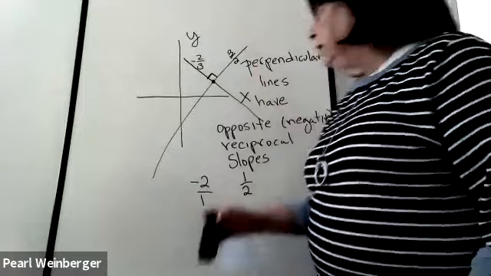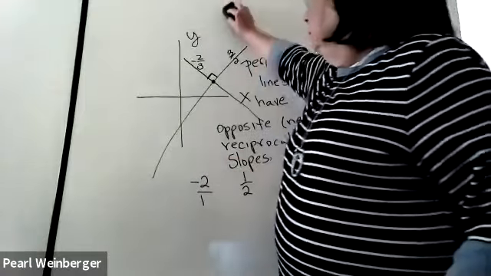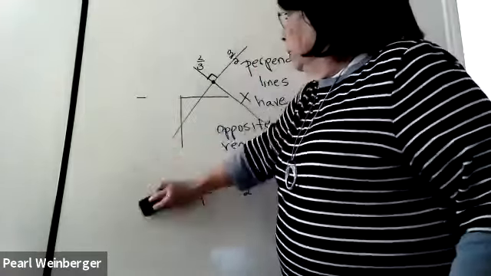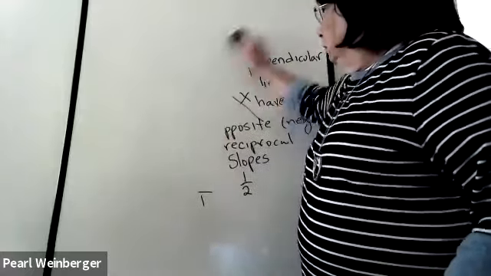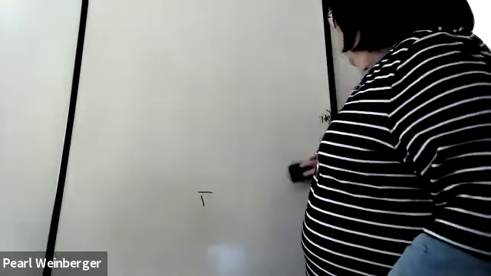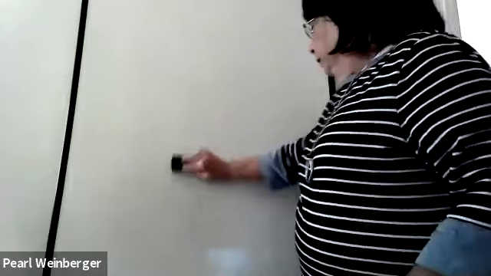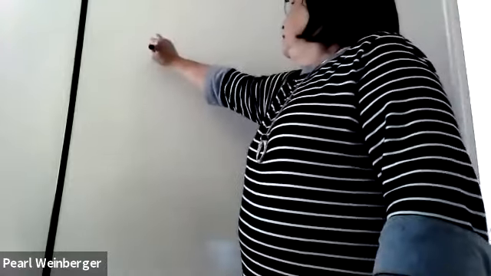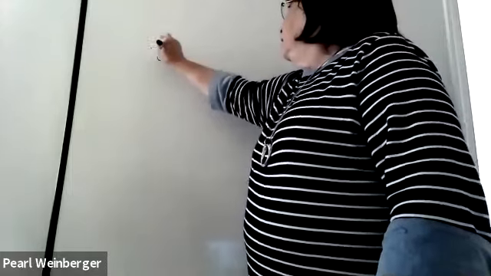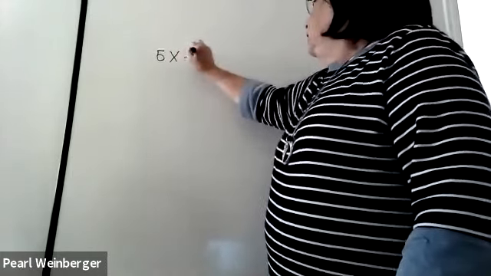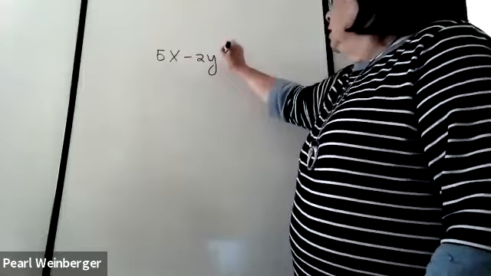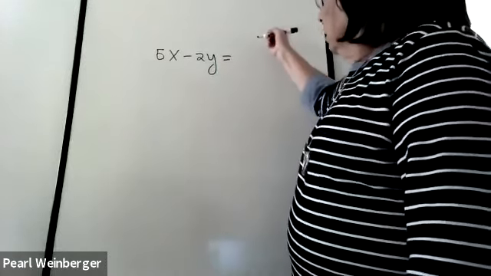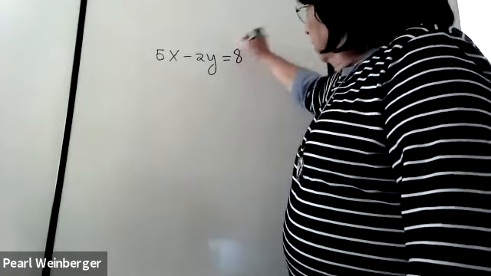Let me give you an example. Here are two lines. Line number 1 is 5x minus 2y equals 8.